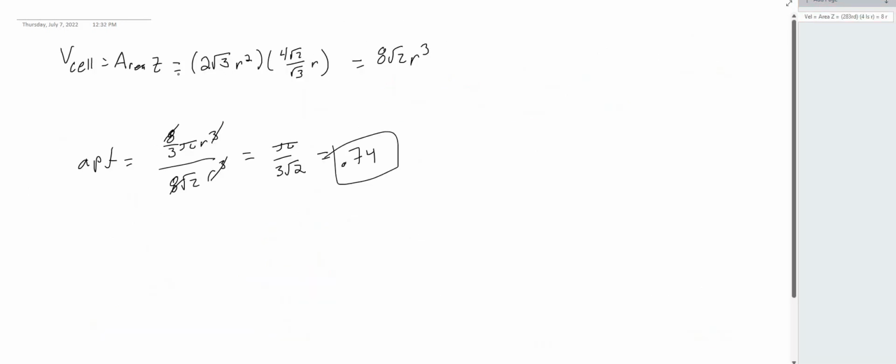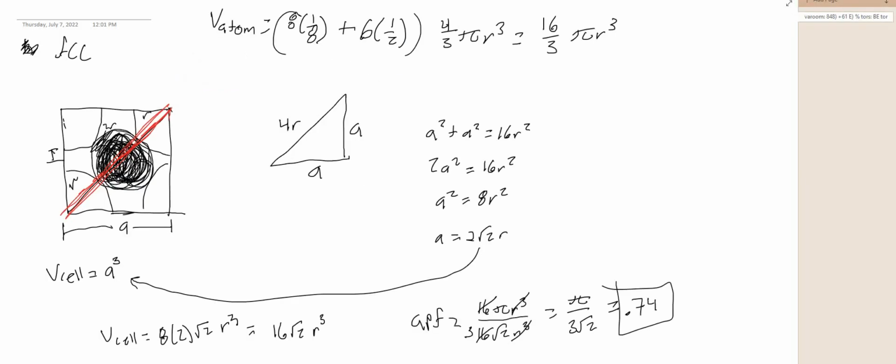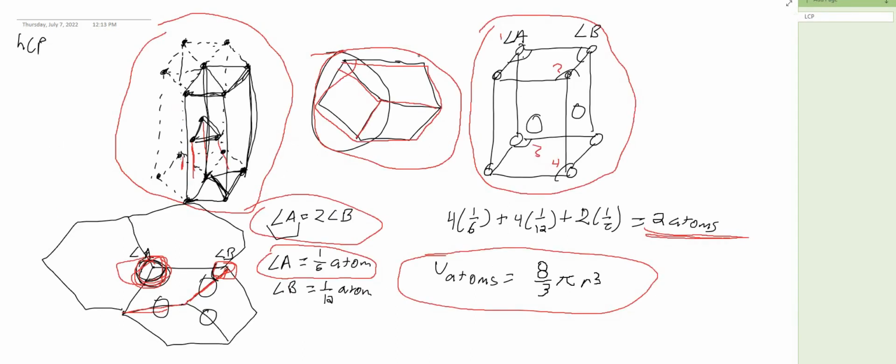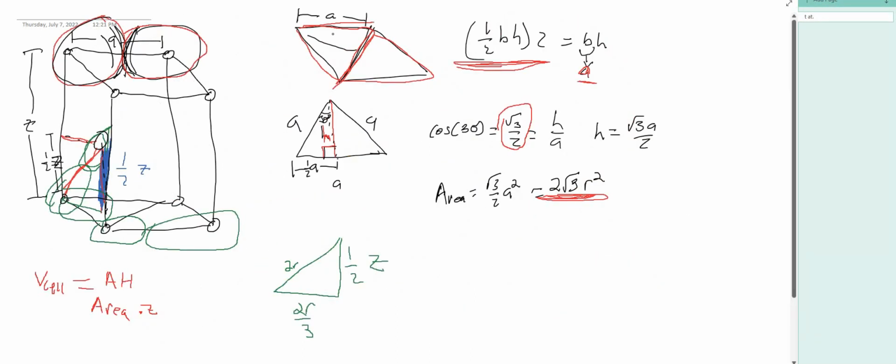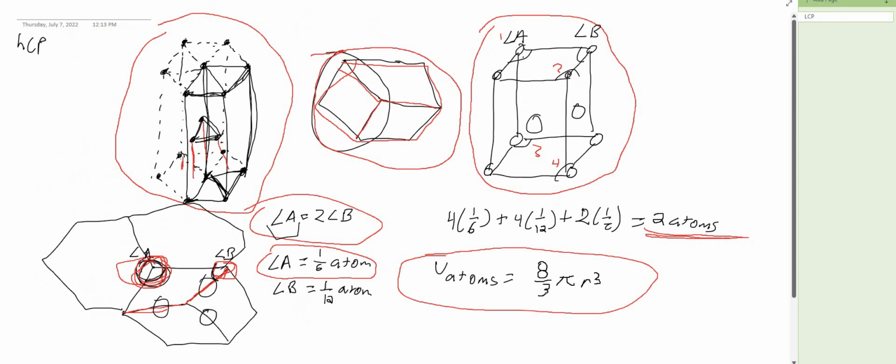The volume of the cell is going to be equal to the area times z. The area we solved as 2 square root of 3 r squared. And z we solved to be 4 square roots of 2 over the root of 3r. Multiply those together, you're going to get 8 root 2 over r cubed. We've already established that the volume of the atoms is going to be 8/3 pi r cubed.